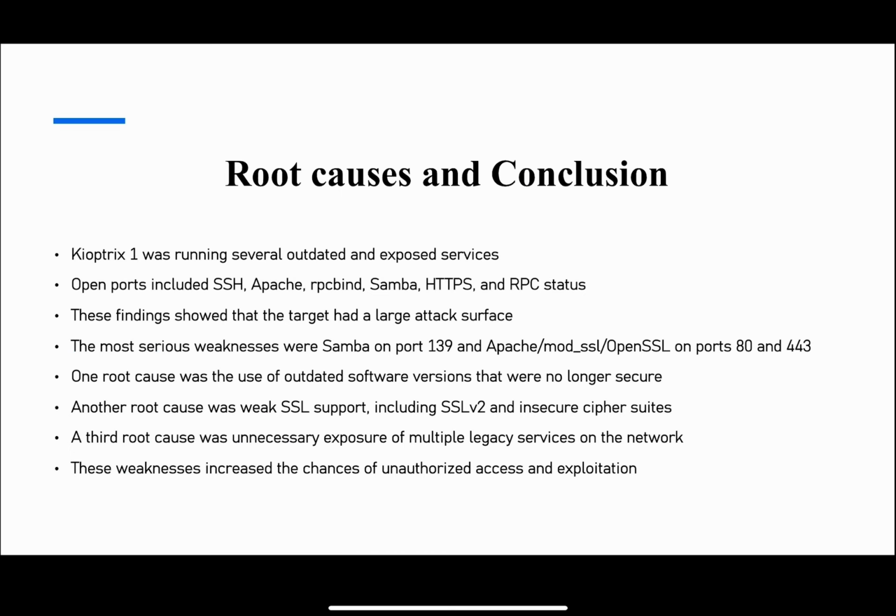Root causes and conclusion. In conclusion, the Kioptrix Level 1 scan results showed that the system was exposing several outdated and insecure services, including SSH, Apache, RPCbind, Samba, HTTPS, and RPC status.